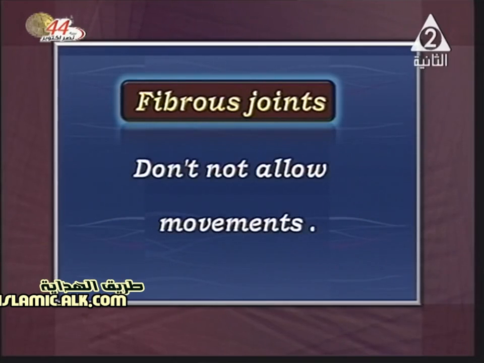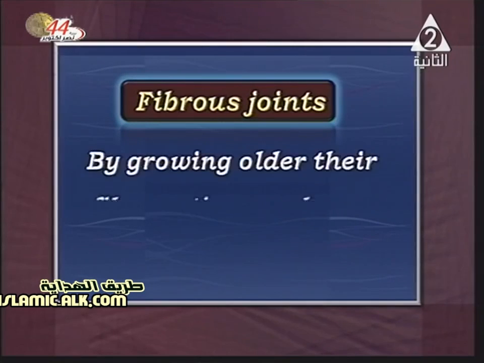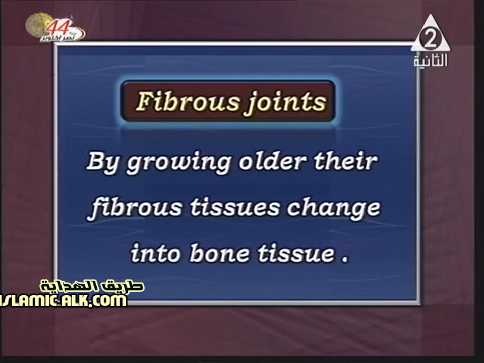We already started this in the last episode: by growing older, the fibrous tissues found in the fibrous joints change into bone tissue. One of the greatest examples is the joints that connect the bones of the skull.